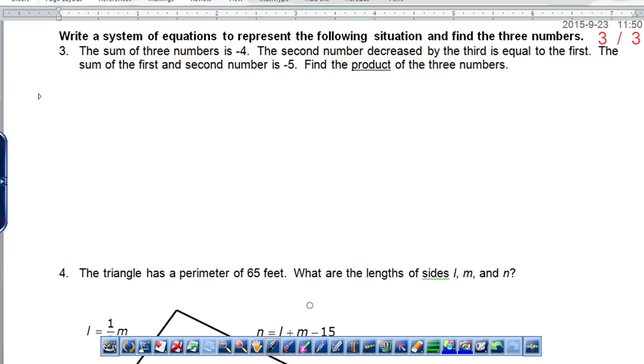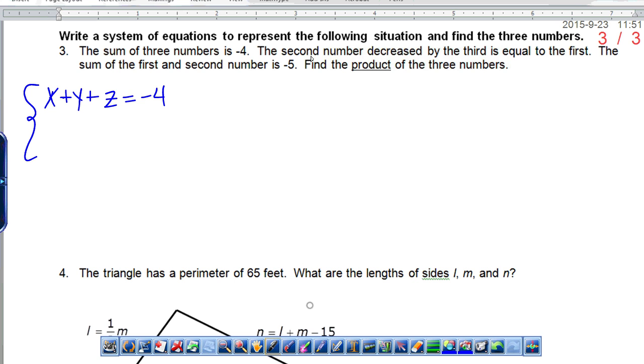If we have 3 numbers, that means we have 3 variables. Sum of these 3 numbers is negative 4. So remember, sum means that we can add. So I can have x plus y plus z is equal to negative 4.